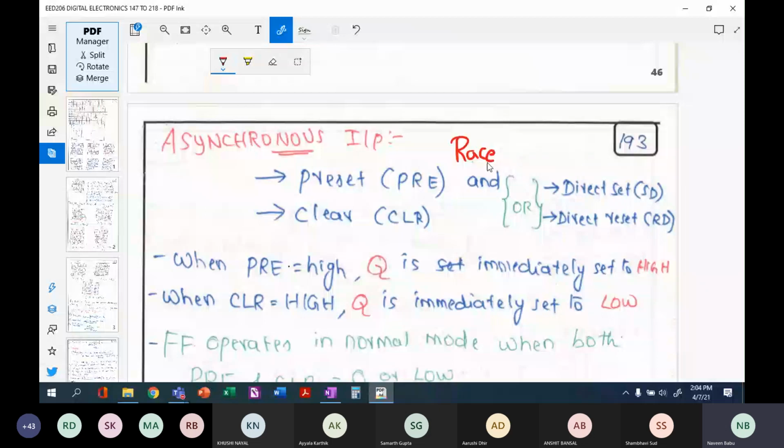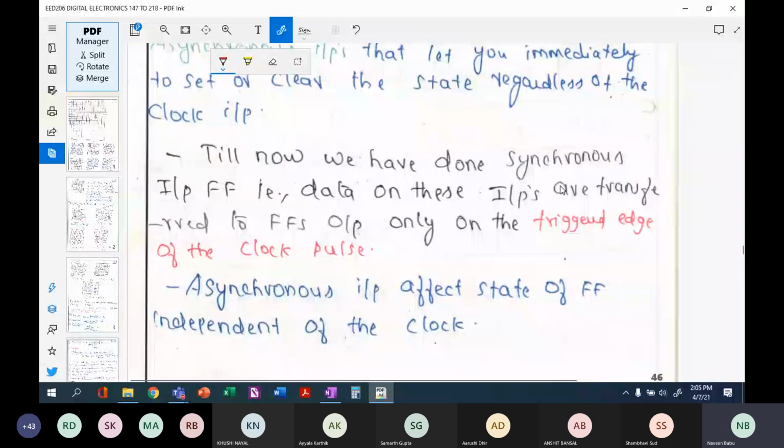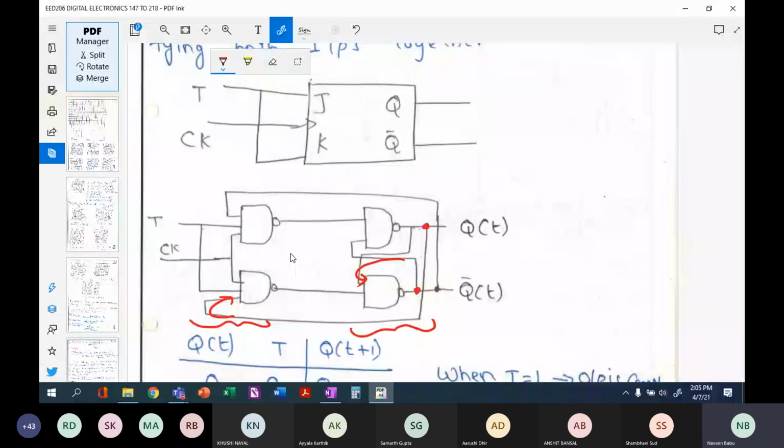Before that, in order for designers to have better control on your flip-flop, people decided that we must have some external inputs that will control the second stage separately and the first stage separately. Likewise, two external inputs were designed.